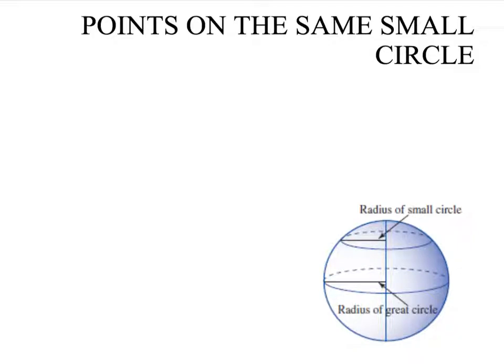Great circles are all the same size, so we have that radius that is the same for all of them. Small circles, however, we are going to have to actually calculate the radius of the circle first before then finding that arc distance along the circumference between the 2 points.